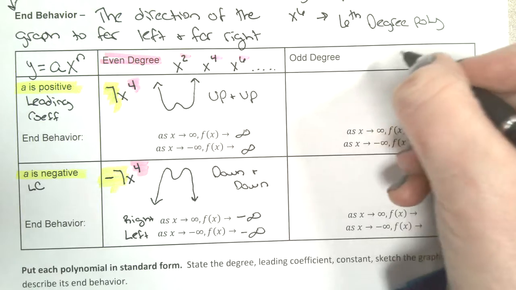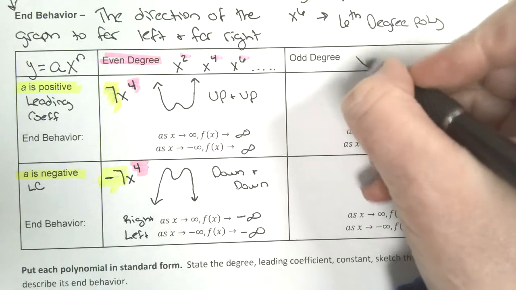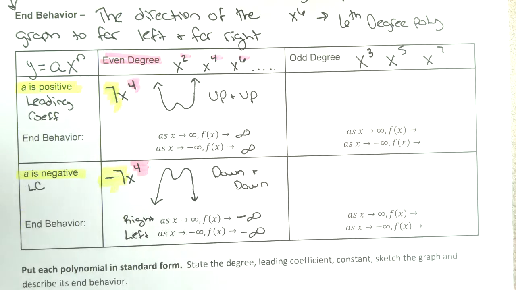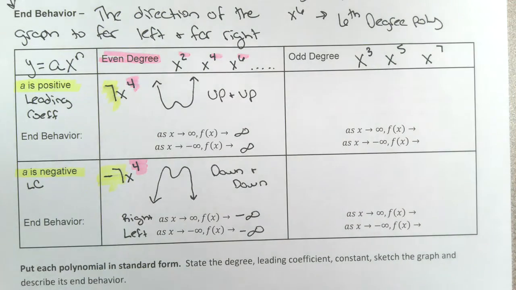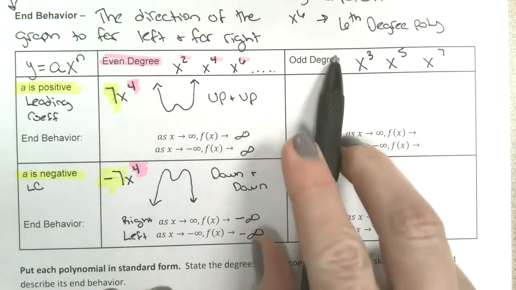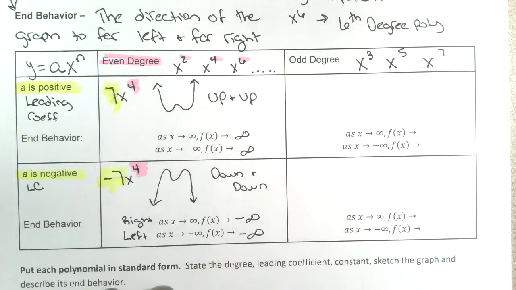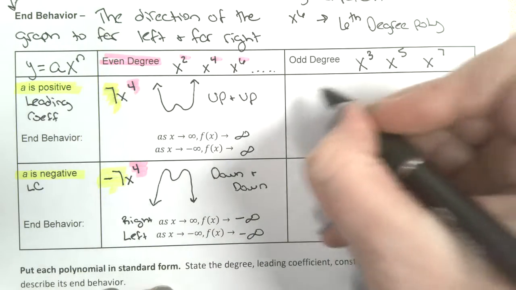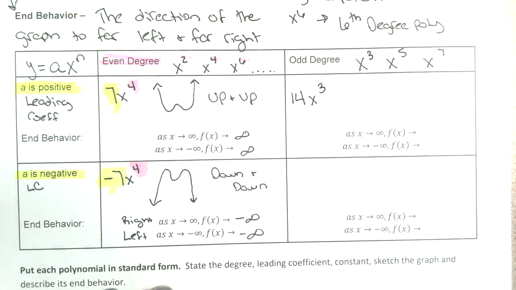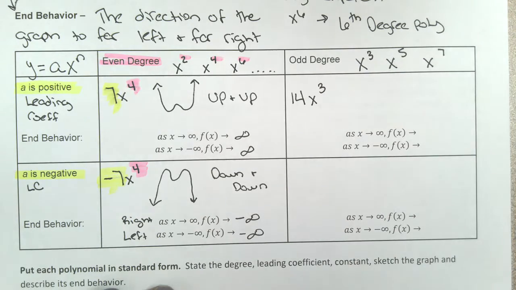Let's say we have an odd degree, like maybe x to the third, x to the fifth, x to the seventh. Hopefully you remember from looking at the Desmos a minute ago, it was kind of making like an S shape. So let's say I have 14x to the third.